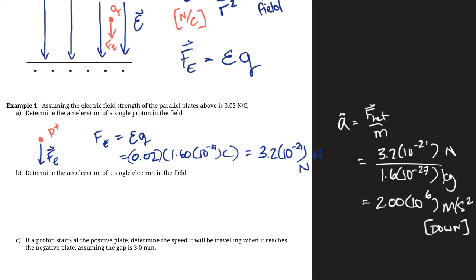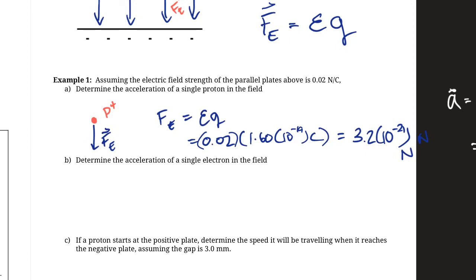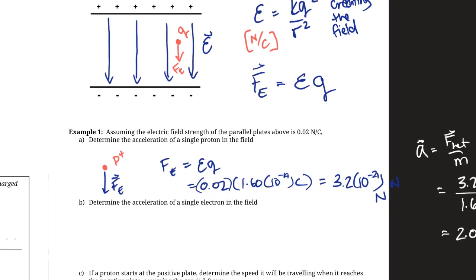Now, the next question: the acceleration of a single electron in that same electric field. Well, let's think about whether it's going to be any different. Remember, an electron has the opposite charge.